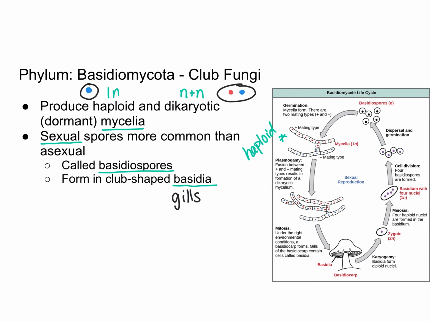Notice how it is designated as 1N, and you can see that within each type of mycelium, they only have one type of nucleus. We've got this positive mating type, which is designated by the red haploid nuclei, and then the negative mating type, which is represented by the blue haploid nuclei.